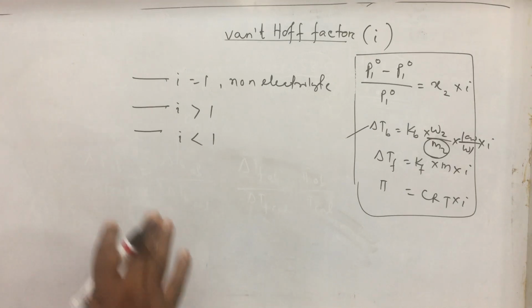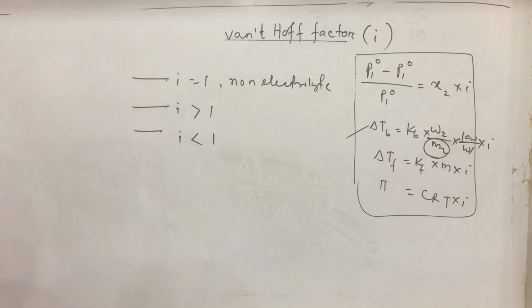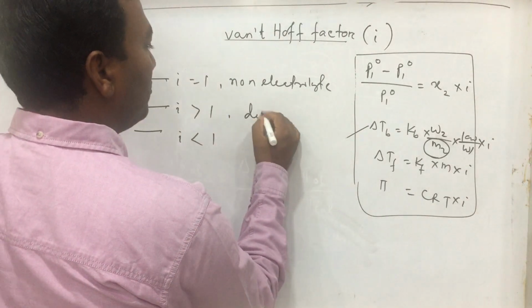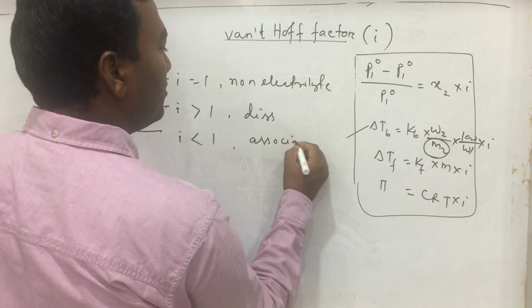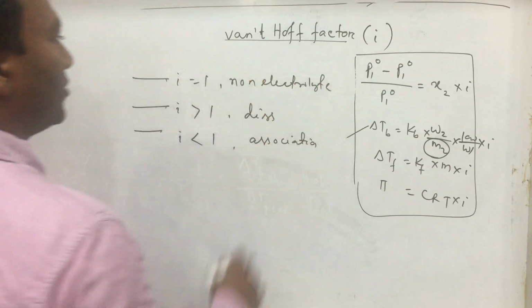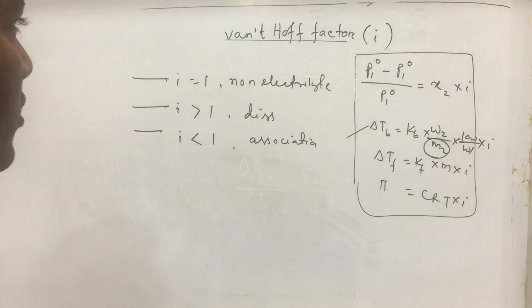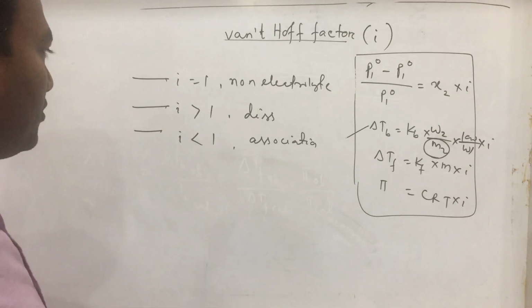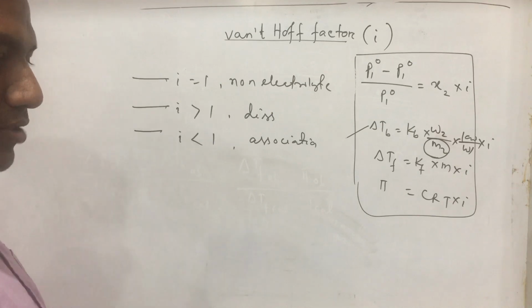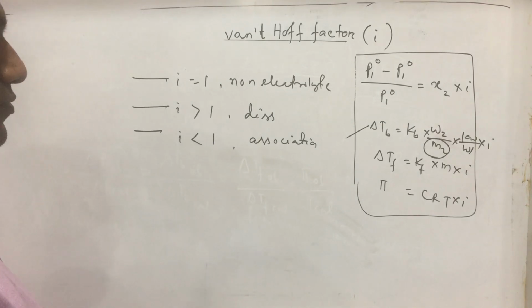But when the i value is greater than 1, the solute undergoes dissociation. Less than 1, the solute undergoes association. Short question, you will remember. So i equals 1, non-electrolyte. i greater than 1, solute undergoes dissociation. i less than 1, solute undergoes association.